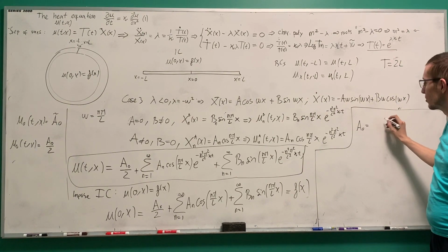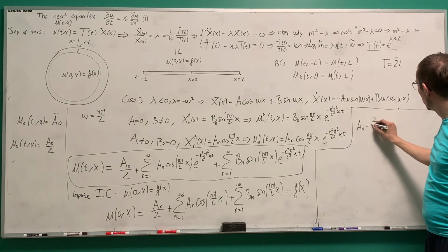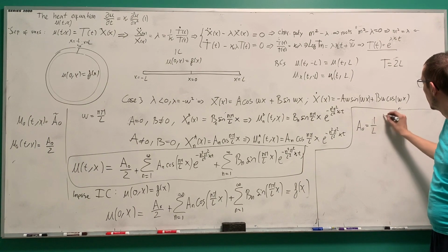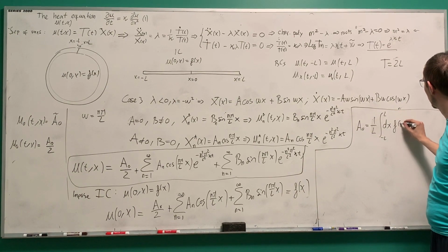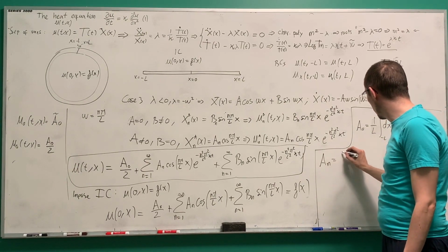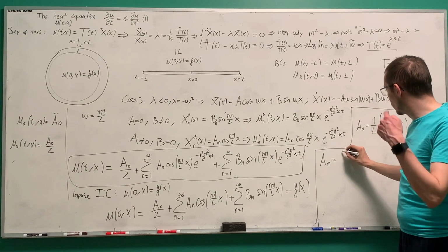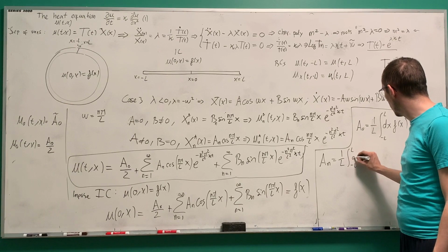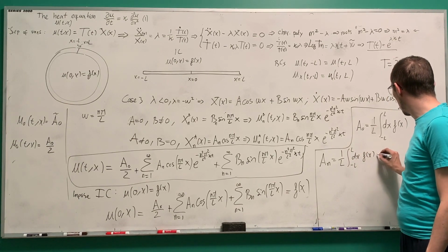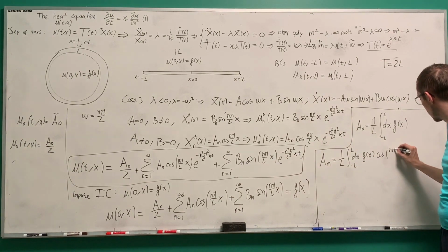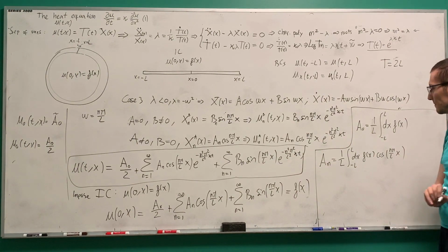So this is 2 over 2L, which is 1 over L, integral from minus L to L of f of x dx. And a_n is equal, again 2 over 2L, so 1 over L, integral from minus L to L, dx f of x cosine of n pi over L x.